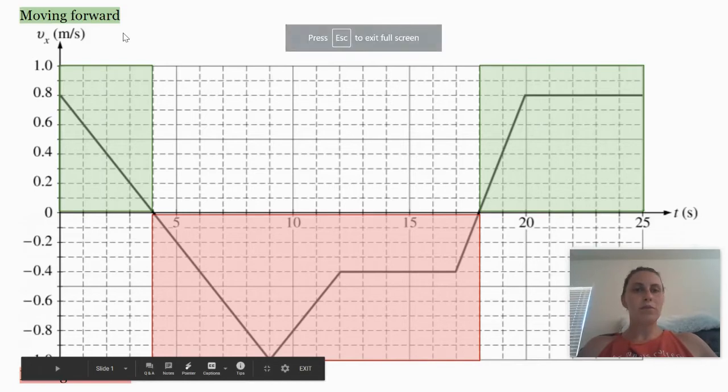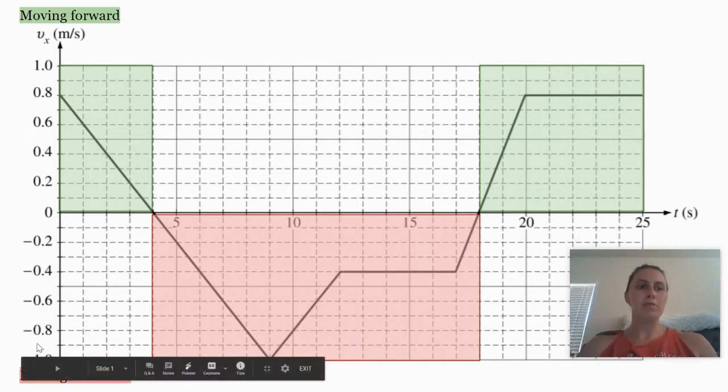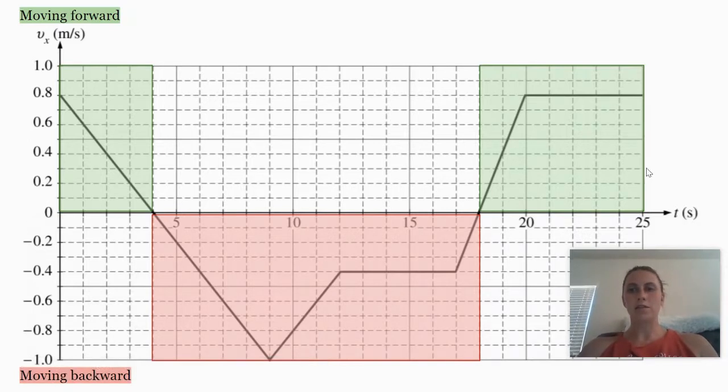All right, so before we even try to answer this question, let's take a look at our graph here. So I want us to look over here at the y-axis with velocity on it. Notice that positive velocity is moving forward and negative velocity is moving backward. What that means is that everything above the x-axis means that we're moving forward.